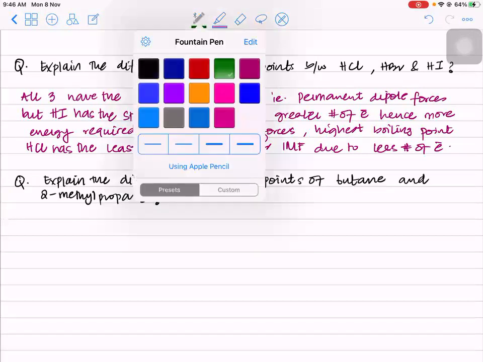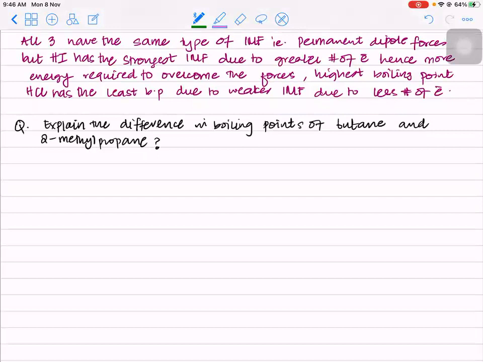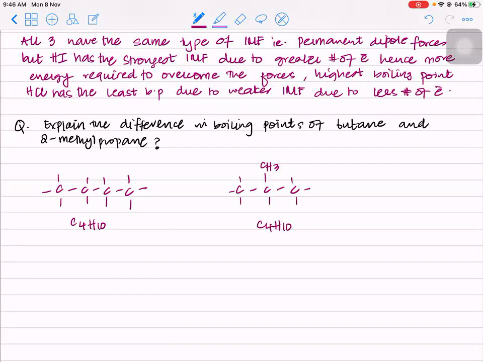So let's see. I'm just going to draw butane and 2-methyl propane for you. This right here is butane, C4H10. And this right here is 2-methyl propane. This is also C4H10. They are both isomers of each other.